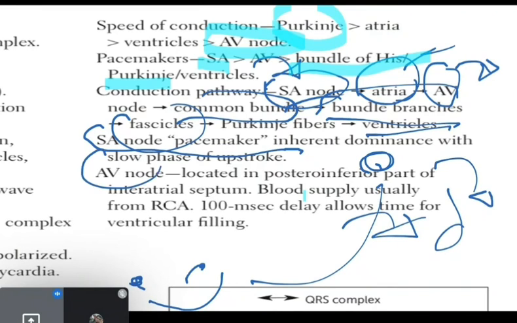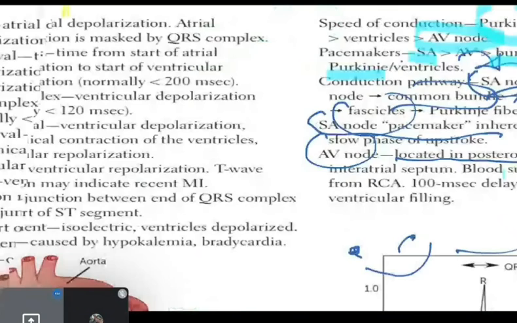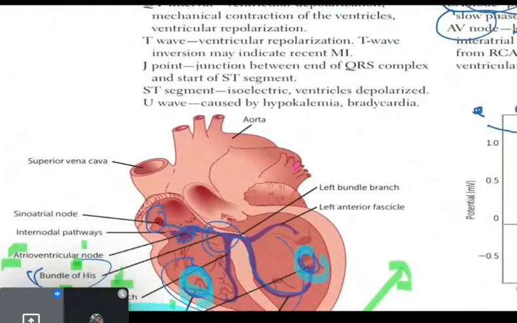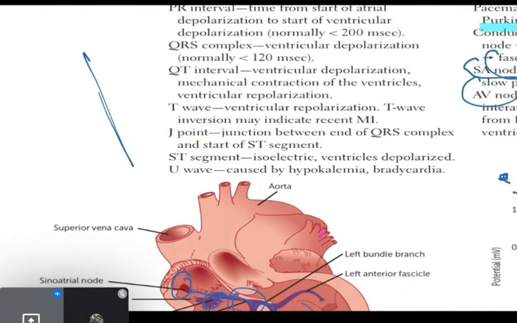Now, the AV node, as we said, is the slowest one, and it is located in the posterior inferior part of the interatrial septum, which is the septum between the two atria. Here you have the left atrium, the right atrium, and between these two, posteriorly and inferiorly, you have this AV node, the atrioventricular node.